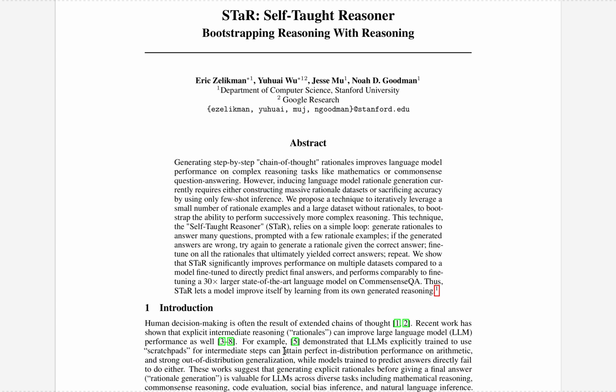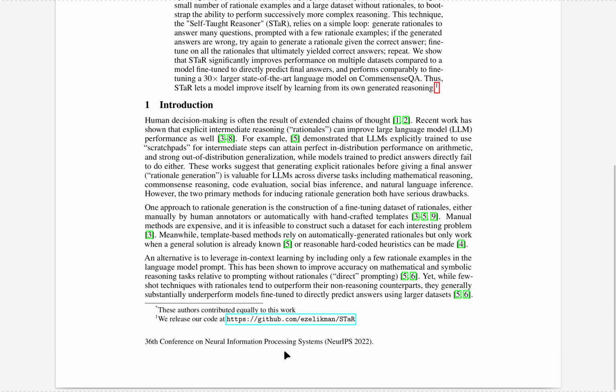Repeat. We show that STaR significantly improved performance on multiple datasets compared to a model fine-tuned to directly predict final answers, and performs comparably to fine-tuning the 30x larger state-of-the-art language model on CommonsenseQA. Thus, STaR lets a model improve itself by learning from its own generated reasoning.